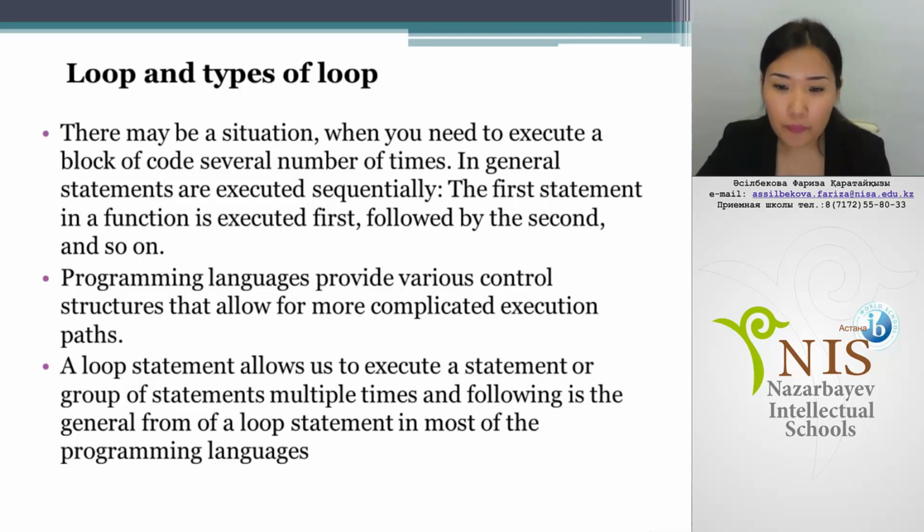Programming languages provide various control structures that allow for more complicated execution paths. A loop statement allows us to execute a statement or group of statements multiple times, and following is the general form of a loop statement in most programming languages.